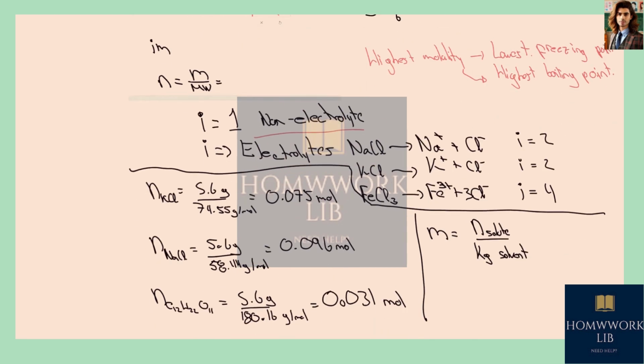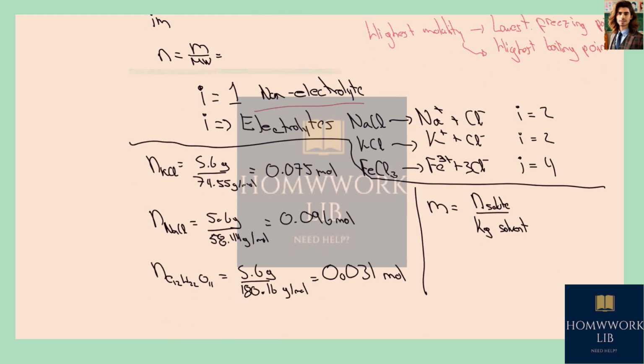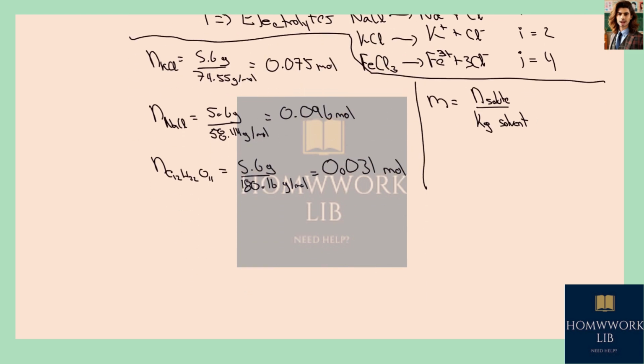As you can see, we don't need to calculate directly the molality in these cases. If you want to do it, you just need to multiply all of these quantities by 0.1 kilograms, because we have 100 milliliters of water. So for example, the molality of KCl would be equal to 0.75 molal.